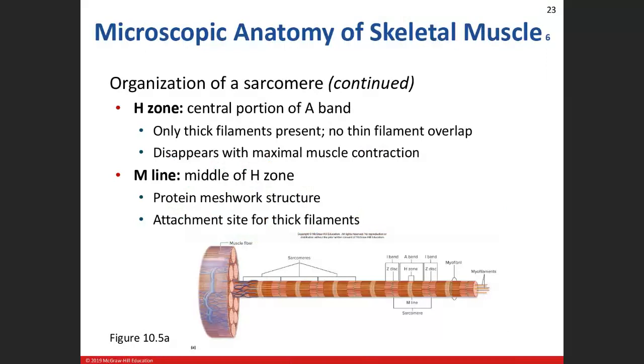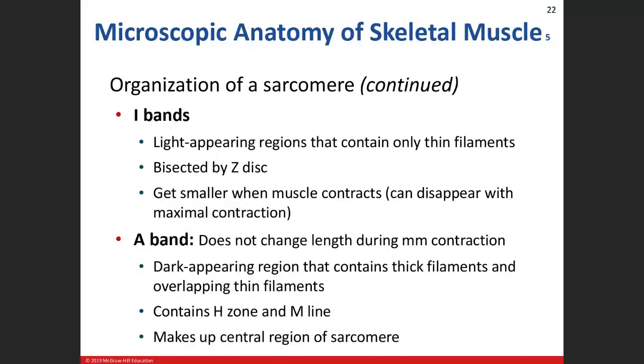At the center of the I band is the Z disc. Now, when the muscle contracts, because we're going to start to get overlapping of the thick and thin filaments, this area will get smaller and smaller until it can possibly disappear altogether during maximal muscle contraction.